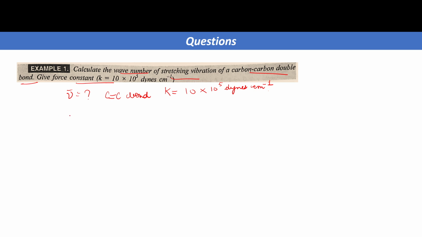Basically we know that wave number is equal to 1 divided by 2 pi c, root k by mu, where mu is the reduced mass and k is the force constant.